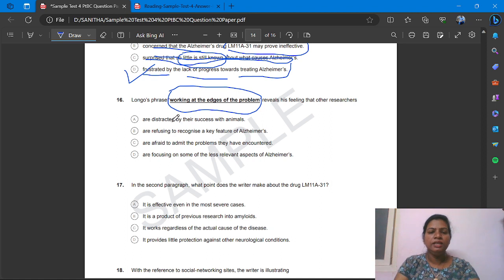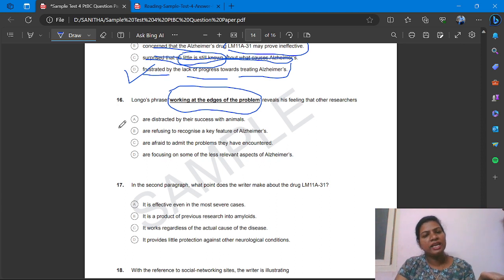The options: are distracted by their success with animals, are refusing to recognize key features of Alzheimer's; are afraid to admit the problems they have encountered; are focusing on some of the less relevant aspects of Alzheimer's.